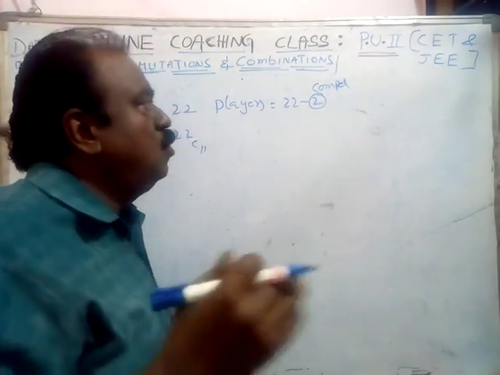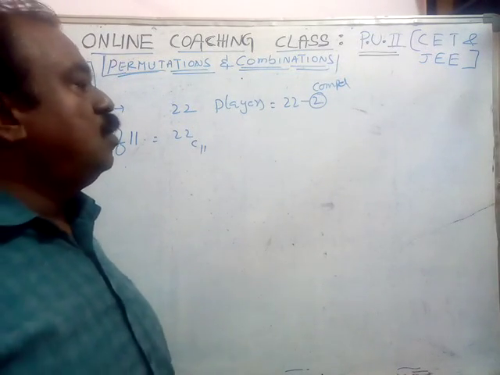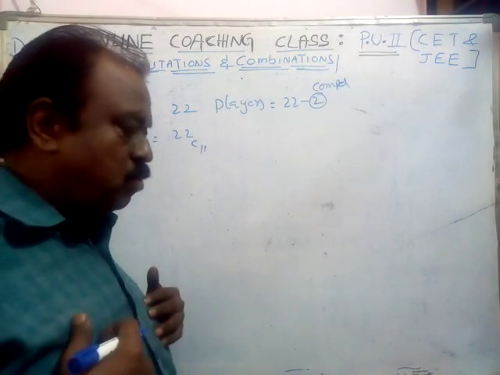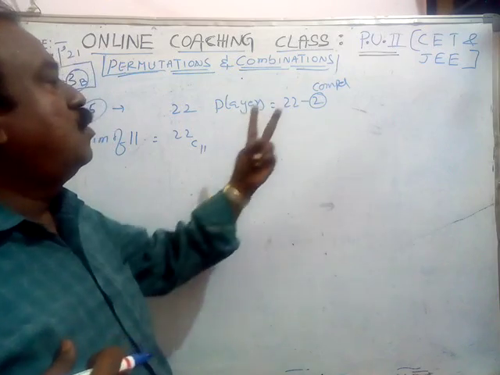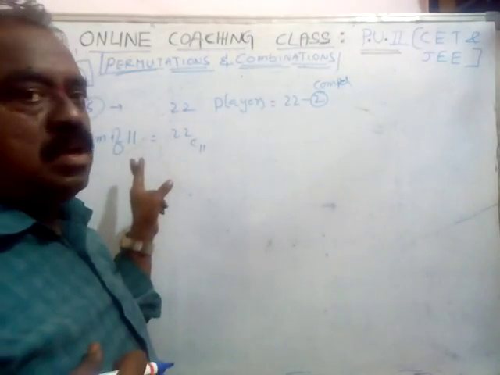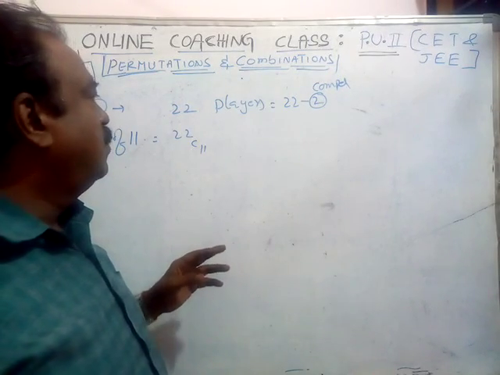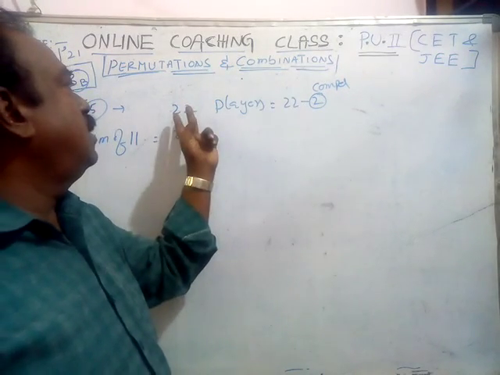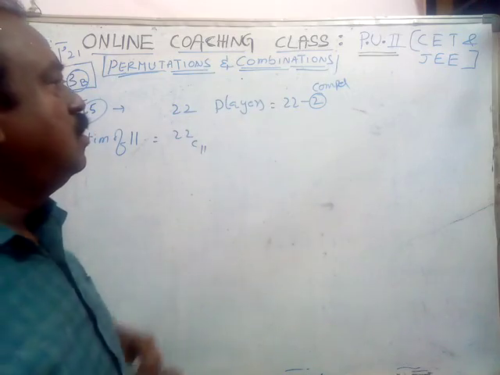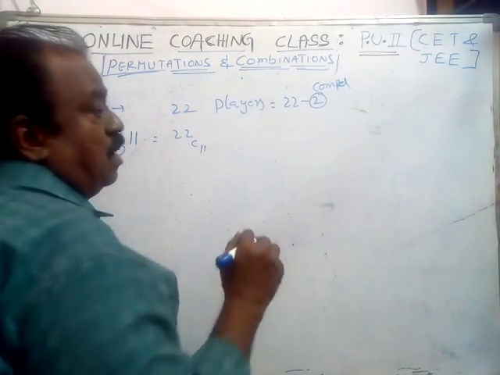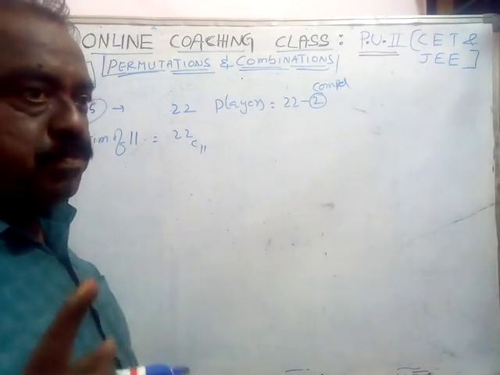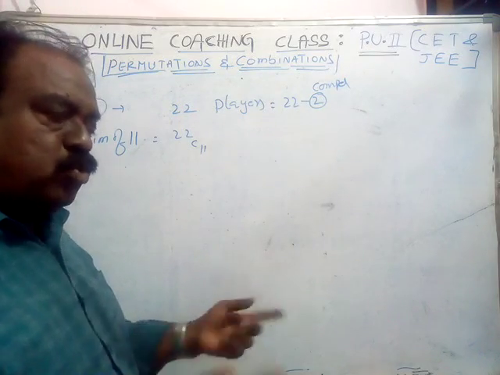Just like a sir came and told me that 2 boys must be there in the team. So there is no selection for you to select. I am taking those 2 boys from the total, 22 minus 2. Again, 4 members are excluded.